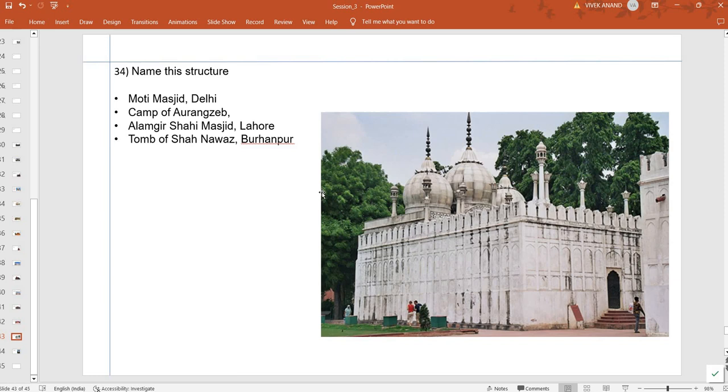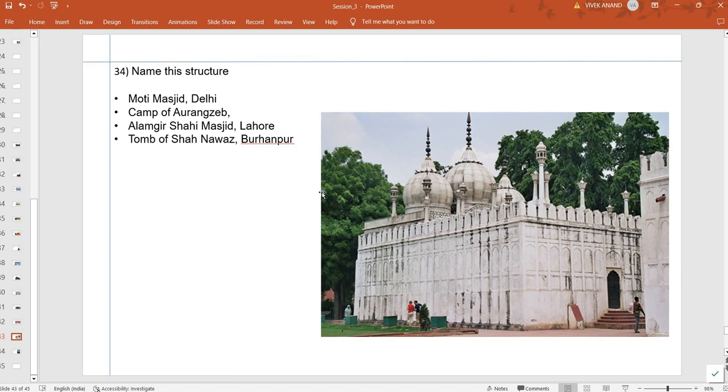See, I'm asking every time why, so that you learn the basic features and how to identify buildings. The proportion and the tomb size is similar to Moti in the proportion. Similar to what? Pearls, Moti. Yeah.